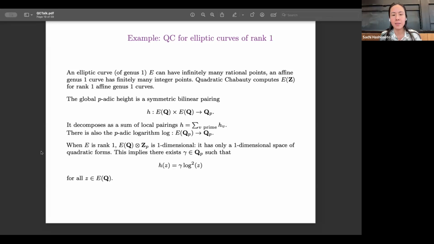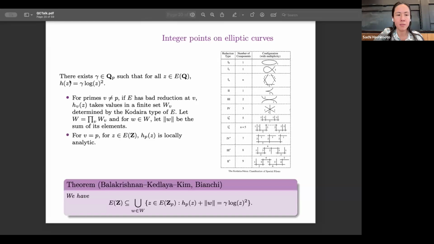And so that implies that there's some constant, some Q_p number, such that the quadratic form H is proportional to the quadratic form log squared for all rational points Z. So there's some gamma such that H of Z equals gamma log squared Z for every Z in E of Q.